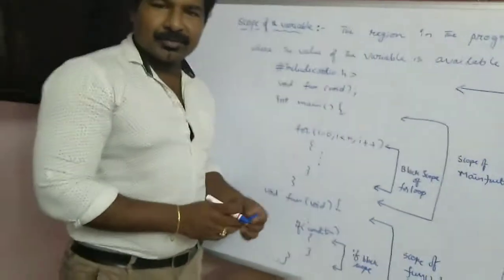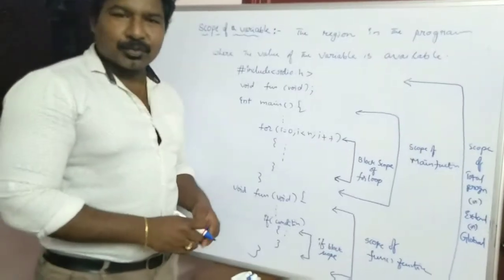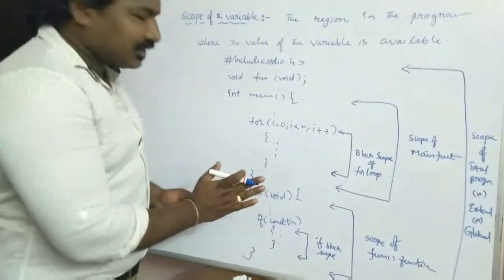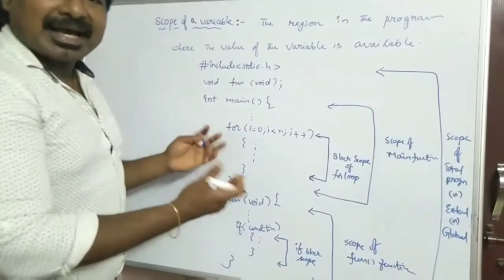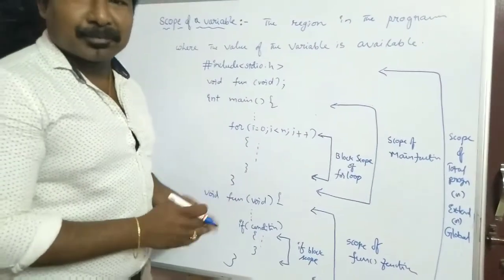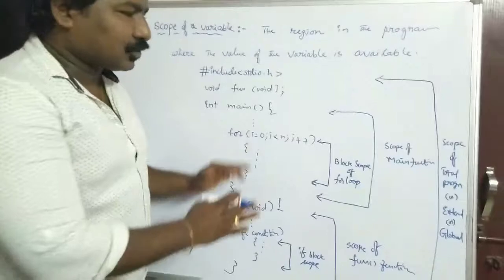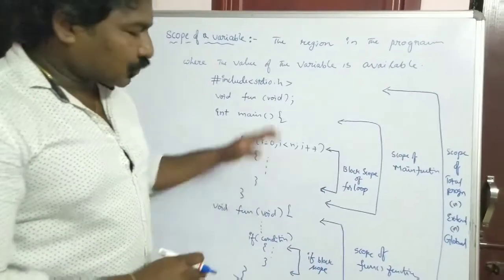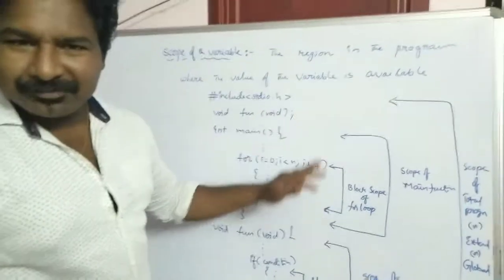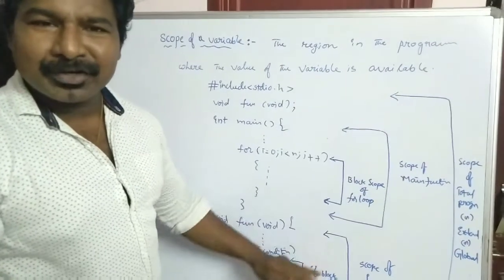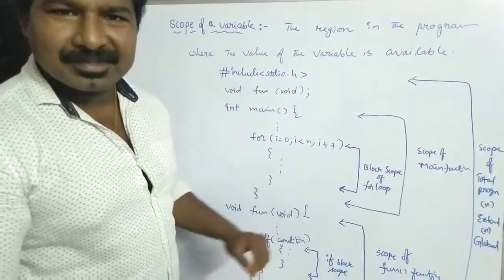Scope means the region, the place from where to where your variable value can be accessed, available or visible to the programmer. So this is the scope rule: block scope, function scope, main function scope, or the global scope.